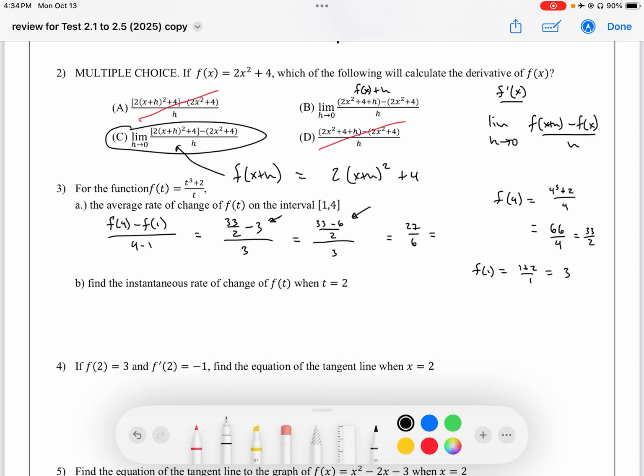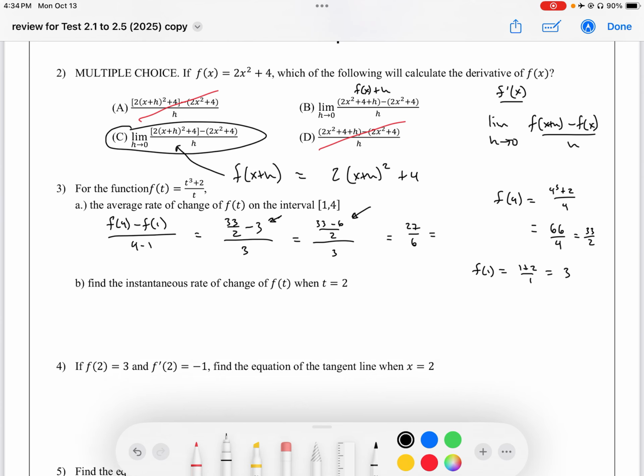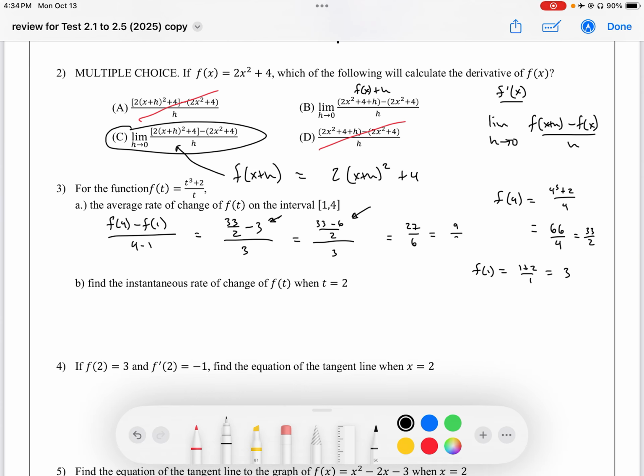Yeah, 27 over 6. Divide that all by 3 and you get 9/2 or 4.5, I think. So hopefully that's correct.